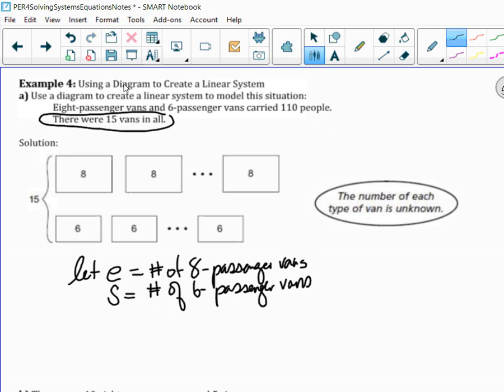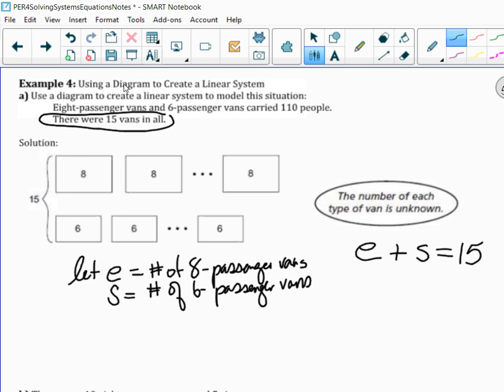Do you see that those two should add up to 15? Yes? So E plus S equals 15. For all of these, because we have 2 unknowns, we usually have 2 equations.